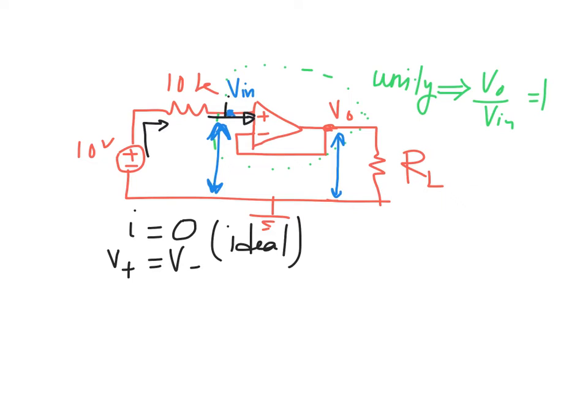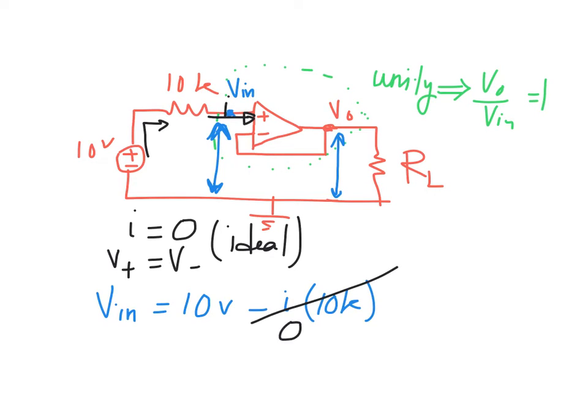We will talk about this later. Right now, it means the Vn, which is equal to the source 10 volt minus I times the 10k resistance. This one now is 0, which gives us at the end Vn equal to 10 volt. The interesting part: V out equals Vn. This V out is nothing but the VL.